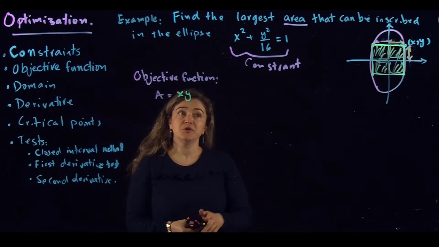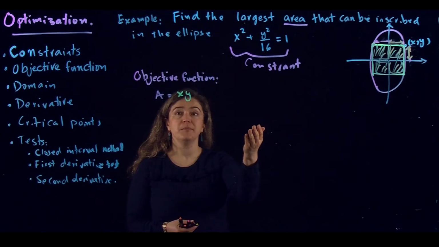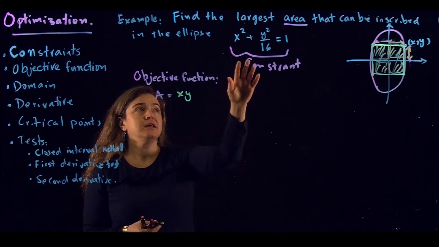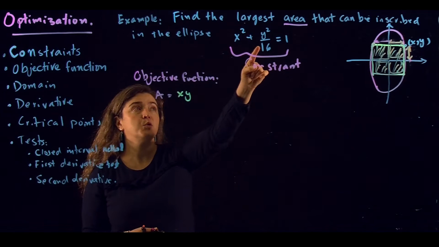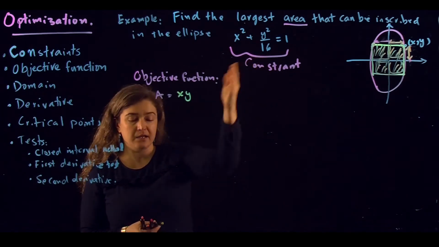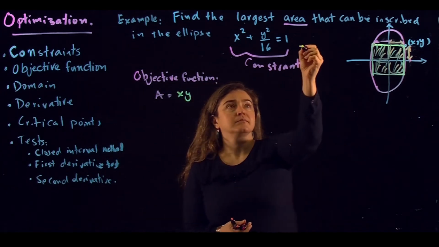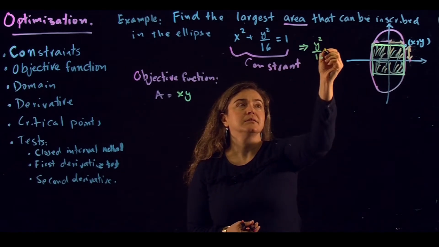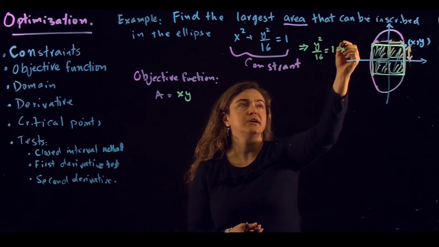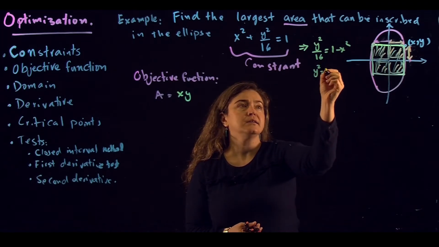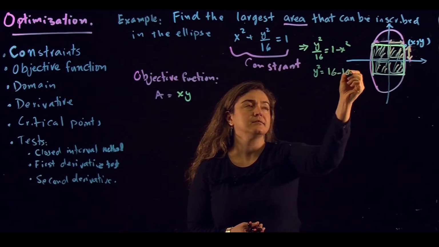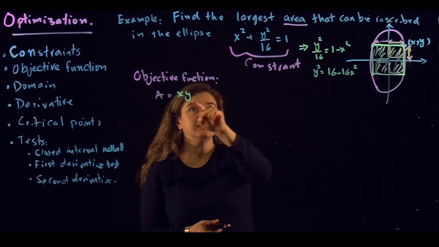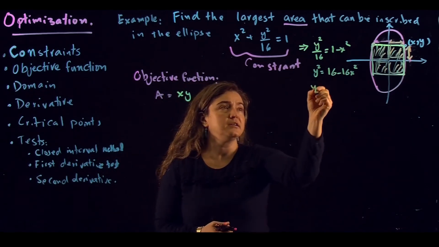Now we want to use the constraint to make this a function of one of the variables. How do we do that? We have to solve for y in the constraint. So solving for y by subtracting x squared, then multiplying by 16. Now, this is y, that's y squared.